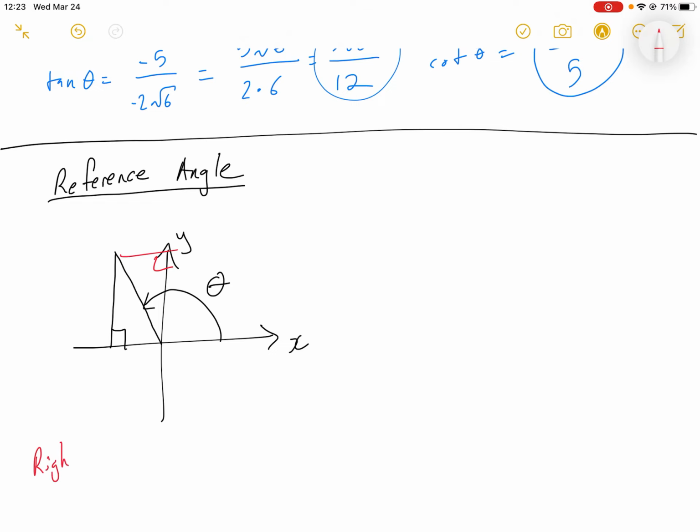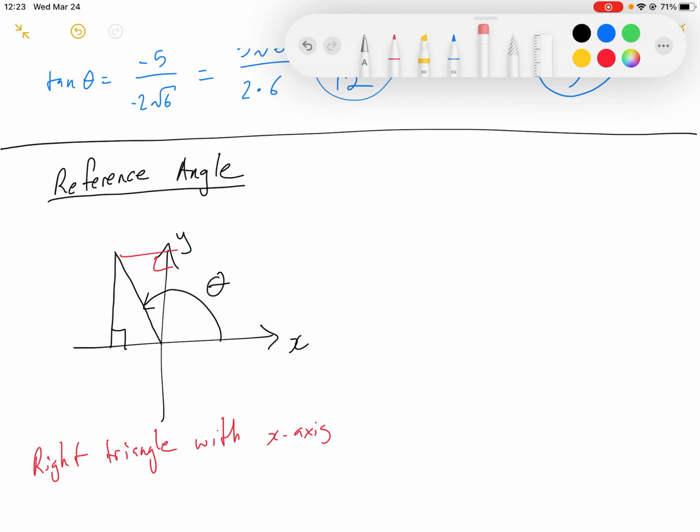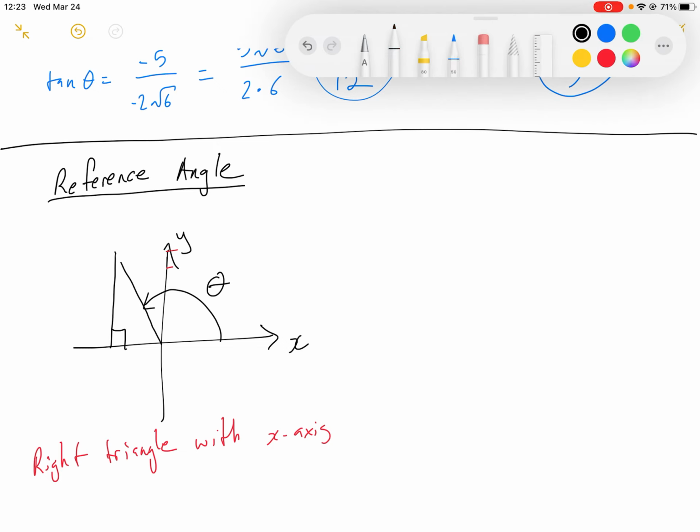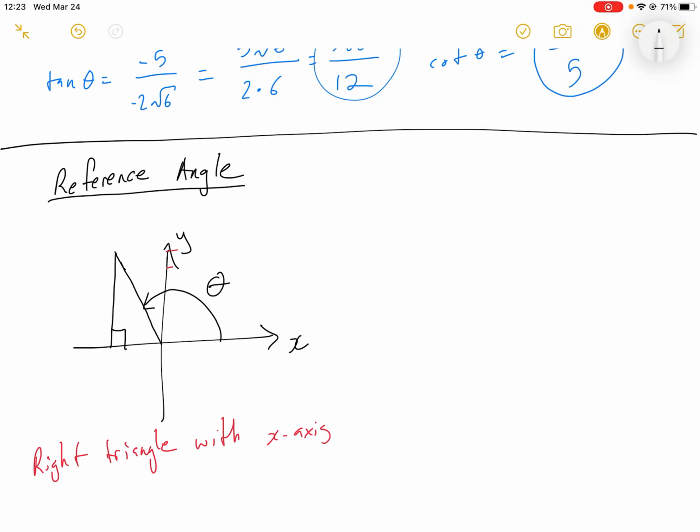It always is a right triangle with the x-axis. Then this angle in here, the angle that's made with the x-axis, which I called phi in a previous video, this angle phi is the reference angle.